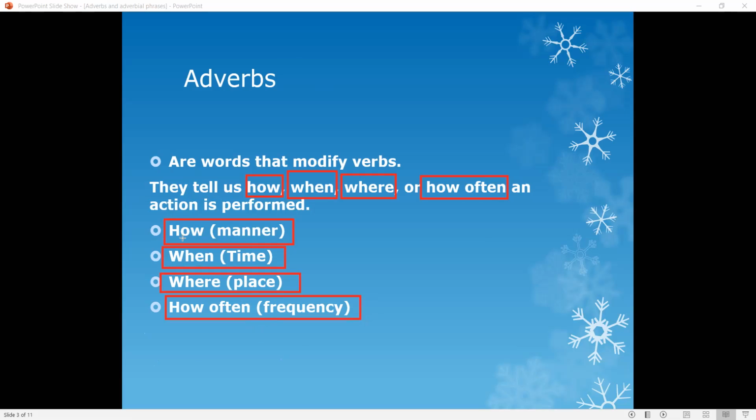Again, how tells us how the action is performed, the manner of this action. When tells us the time when this action was performed. Where tells us the place of the action. How often tells us the frequency of this action, right?